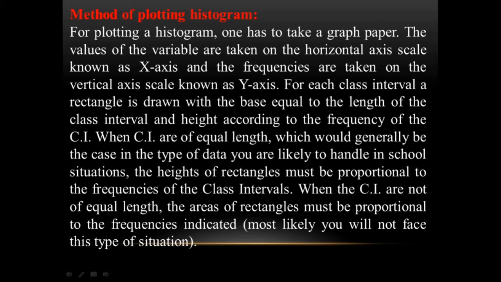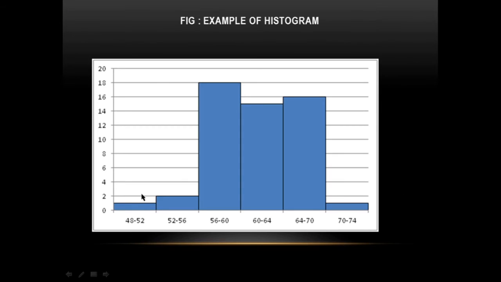When the class intervals are not of equal length, the areas of the rectangles must be proportional to the frequencies indicated. Most likely you will not face this type of situation. Now, see, this is the picture of a histogram.